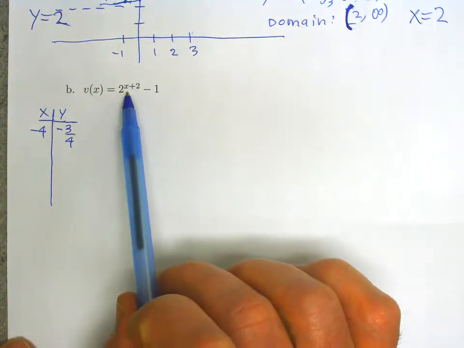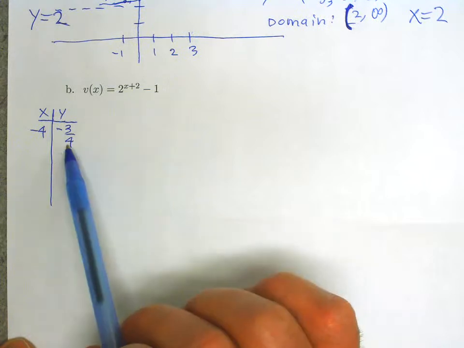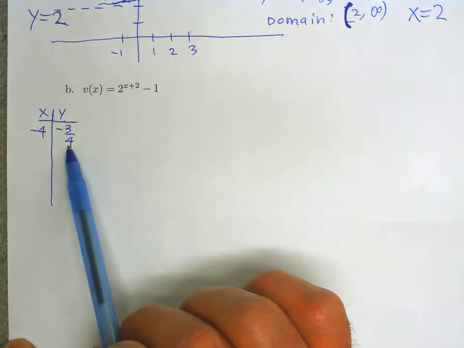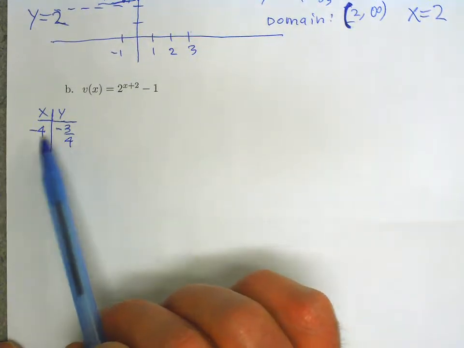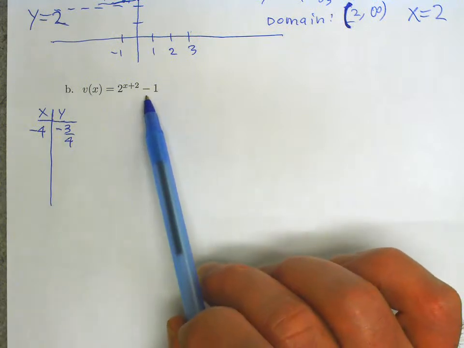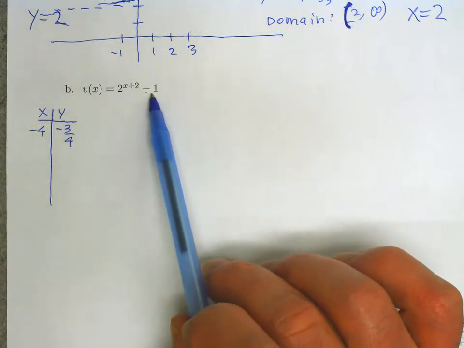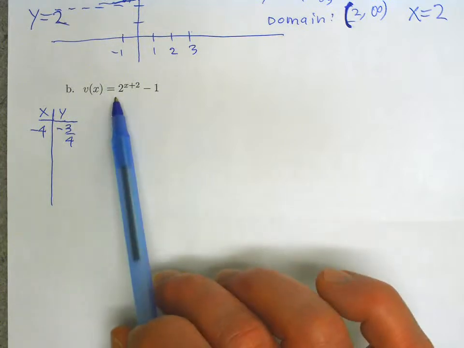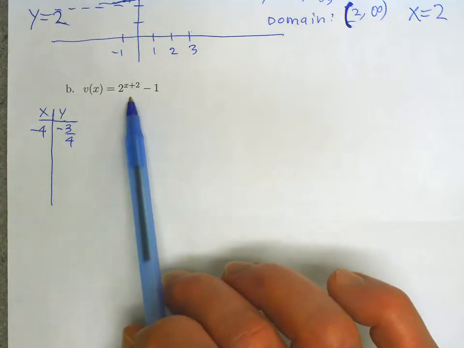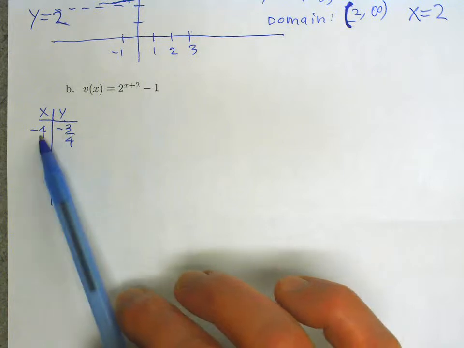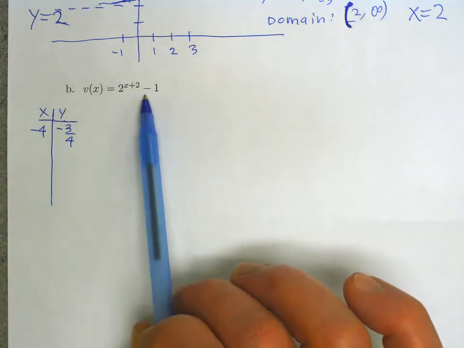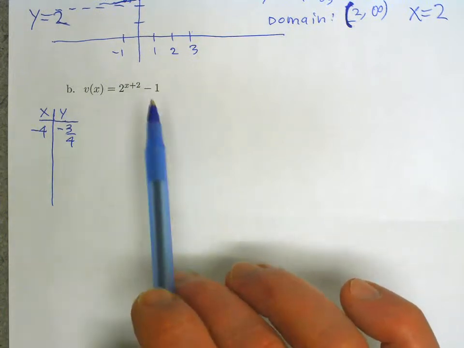So just do the arithmetic one step at a time. Okay, so notice that this point will be above the horizontal asymptote y equals -1. And for this exponential function, all of the points on the graph have to be above y equals -1.